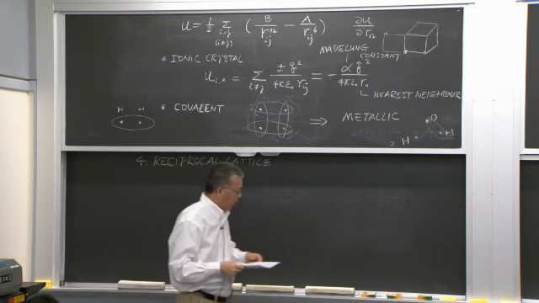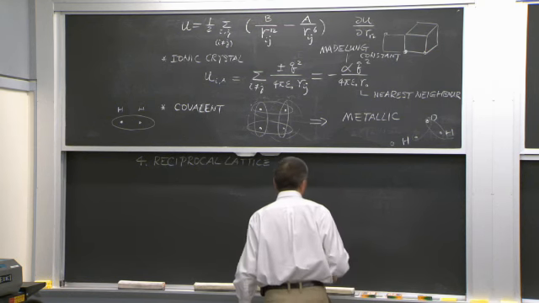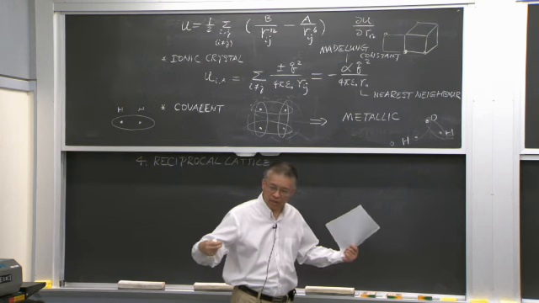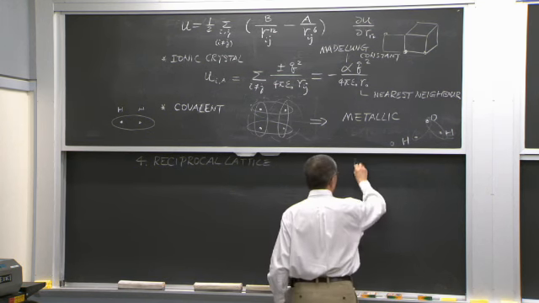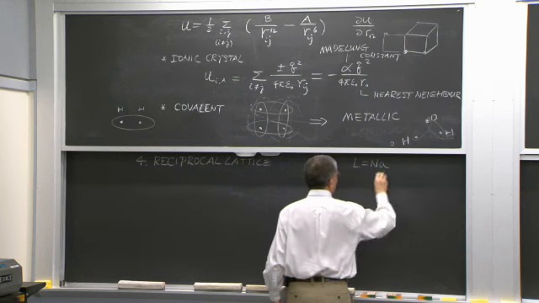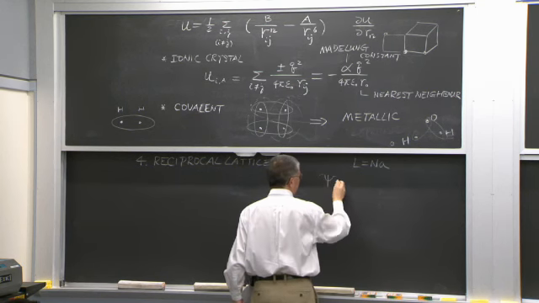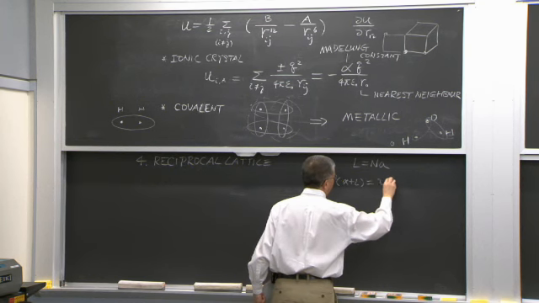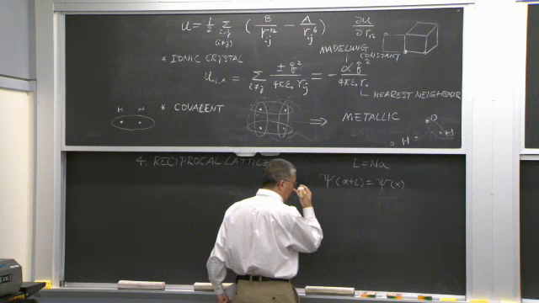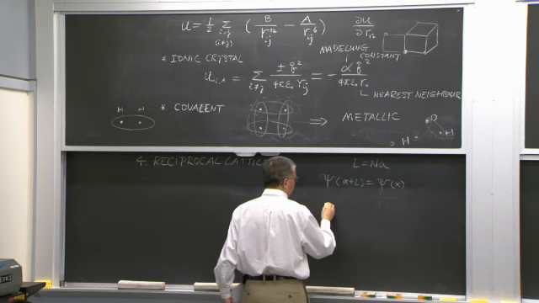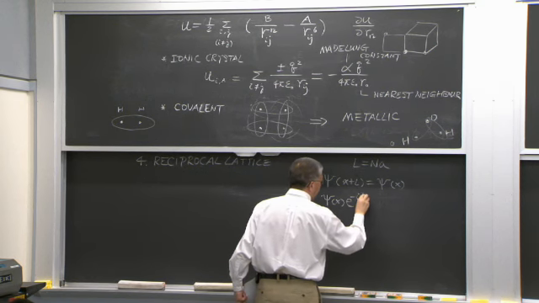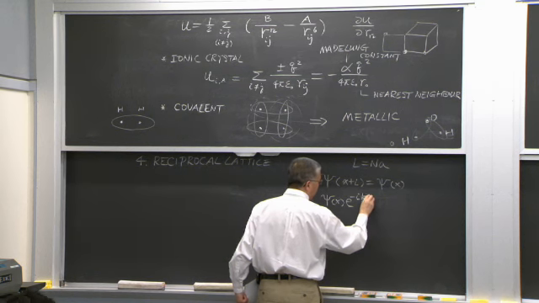Last time when we talked about von Karman periodic boundary conditions, we said a one-dimensional lattice chain of length L has N atoms. And von Karman periodic boundary conditions say ψ(x + L) = ψ(x). And from there, we use the Bloch theorem, because this one is e^{ikx}, which is the wave through the whole lattice.